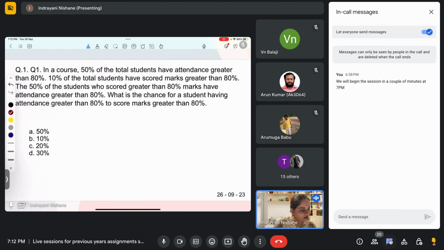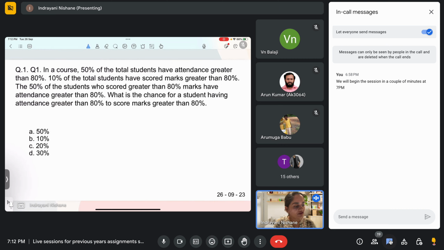So let's move on to the questions. I'll read out the question, and this question is for Bayes theorem. It is based on conditional probability, so we have to be very careful while interpreting this particular question. Let's read very carefully.